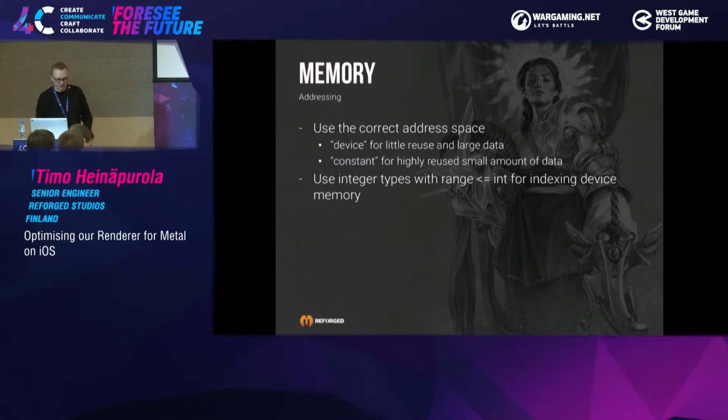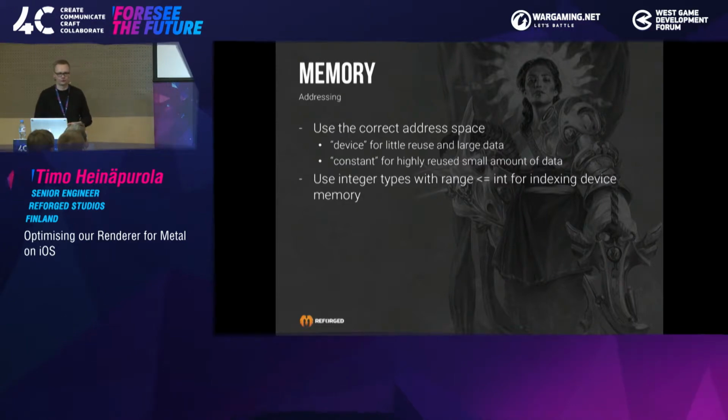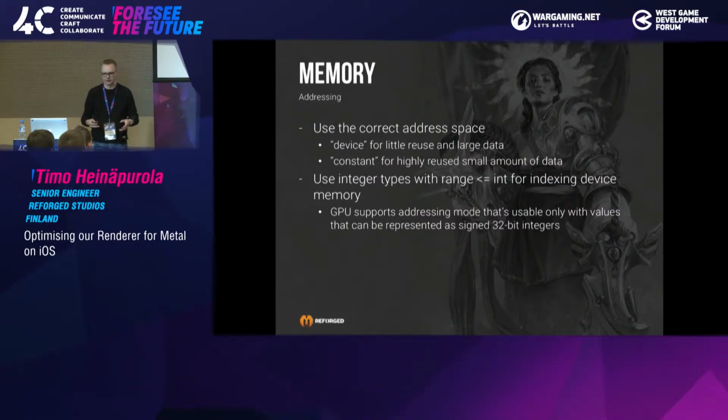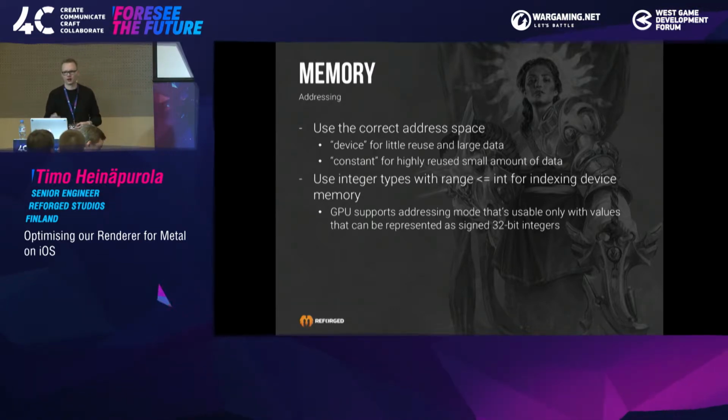And this is also interesting. When you're indexing device memory, you should use a value that has a range that is equal to or smaller than a 32-bit signed integer. The reason for this is that a lot of modern GPUs have a special memory access instruction that takes a base 64-bit address and adds a signed 32-bit offset to that.